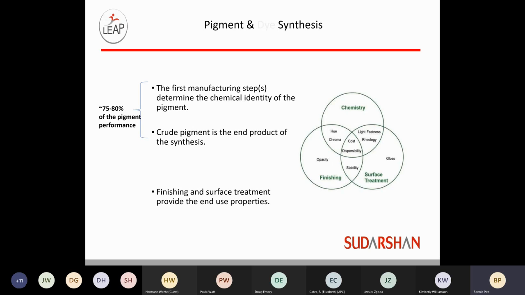So two parts of the synthesis result in the performance of pigment. Compare that to dye, where 100% of the dye performance is on the chemistry itself. There is no finishing or surface treatment used, so 100% of the performance is only on the chemistry.